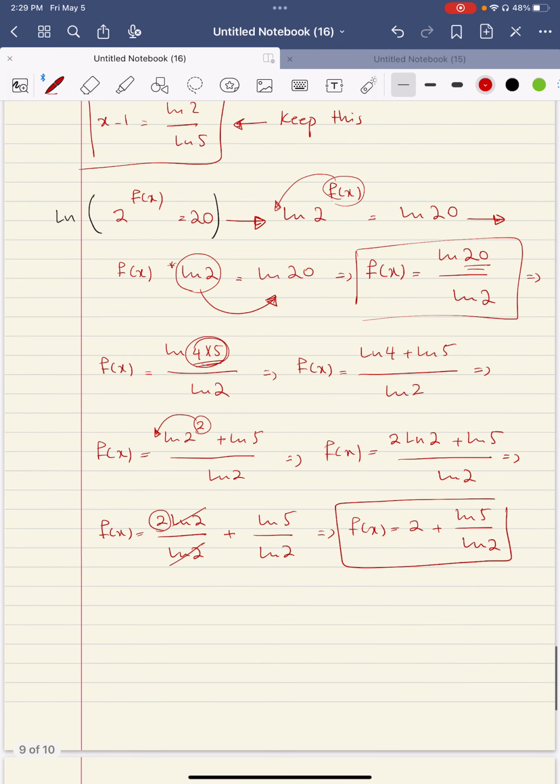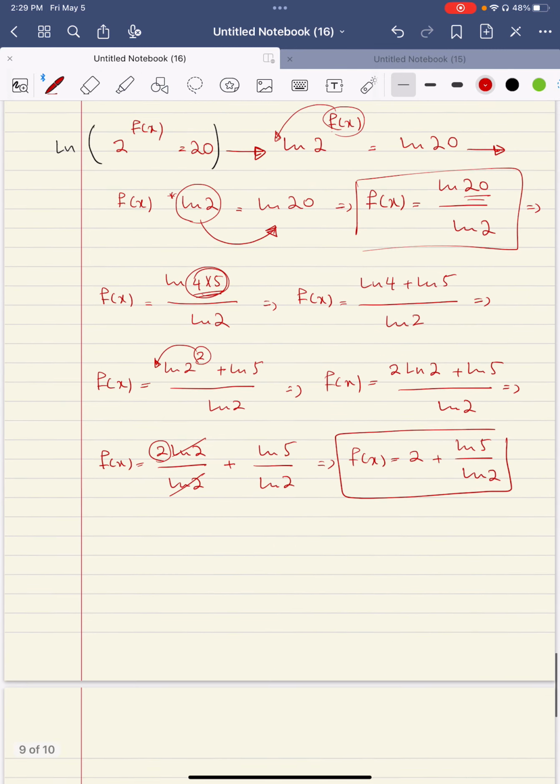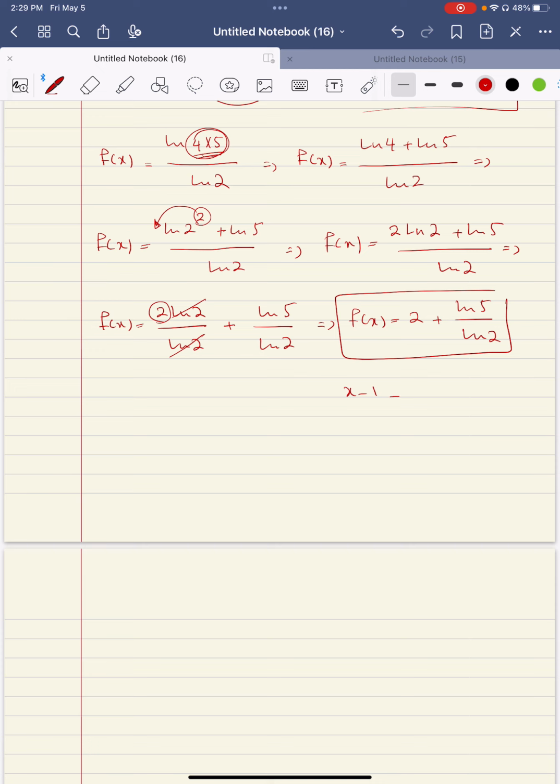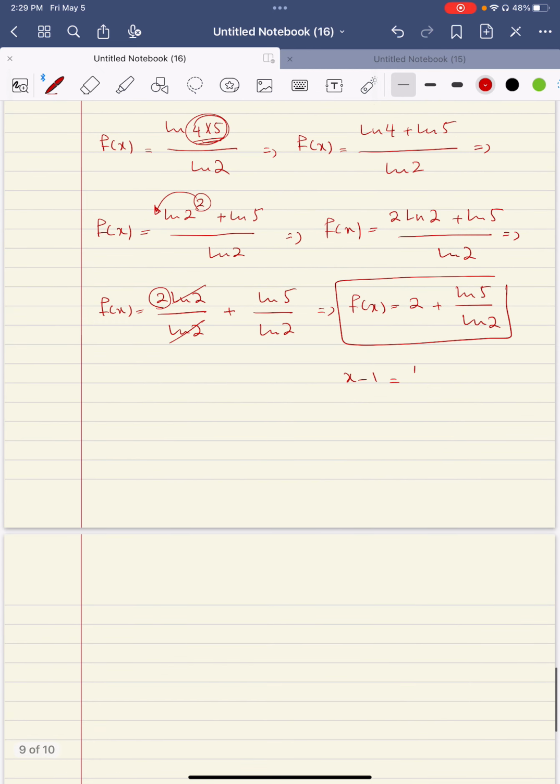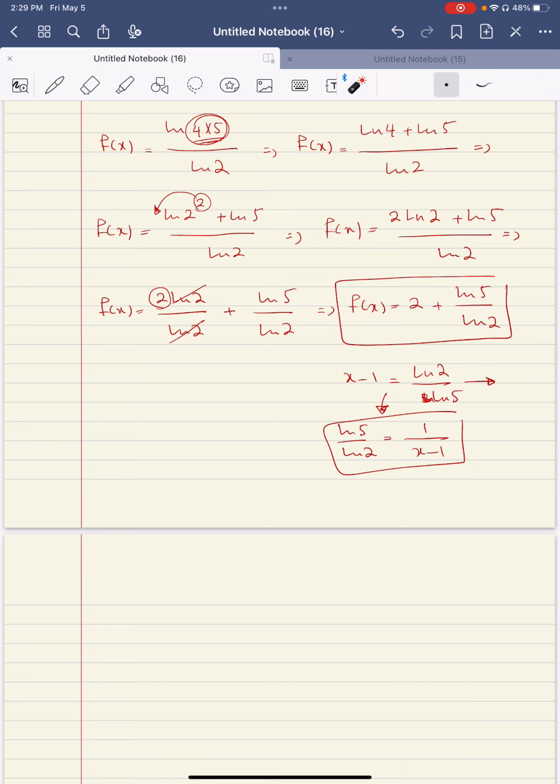We also had from here x minus 1 equals ln 2 over ln 5, right? Or ln 5 over ln 2 equals 1 over x minus 1. I just changed the position of the denominator and the numerator.